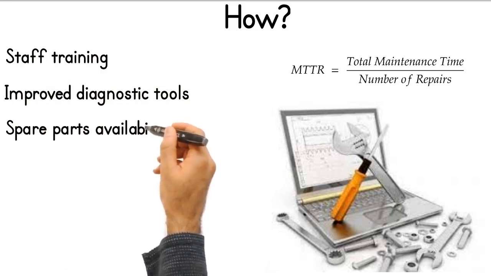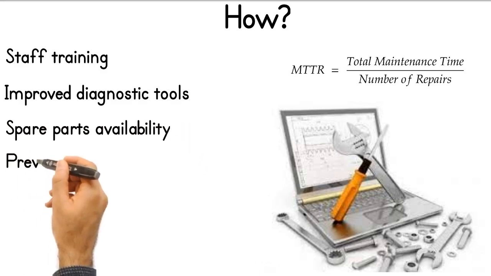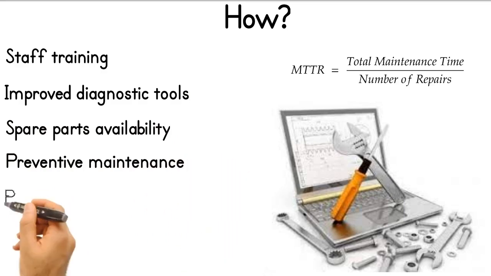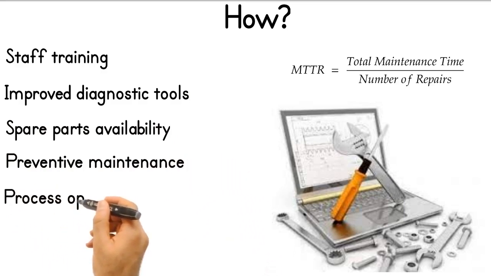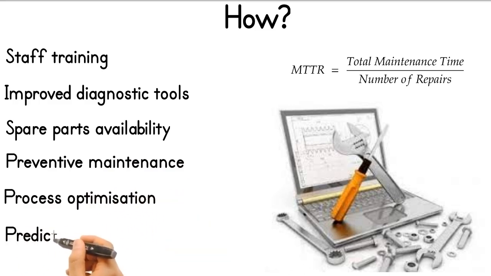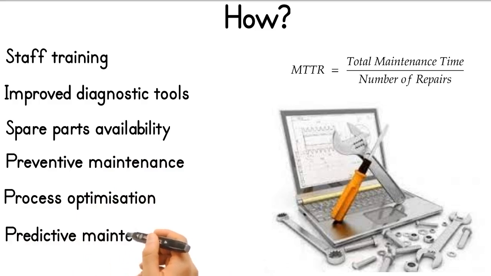Implementing regular maintenance schedules helps prevent breakdowns, reducing the need for urgent repairs. Process optimization. Streamlining repair processes and implementing best practices can cut down the time required for repairs. Predictive maintenance. Leveraging data from condition monitoring tools allows companies to predict potential failures before they happen, reducing unplanned downtime and repairs.